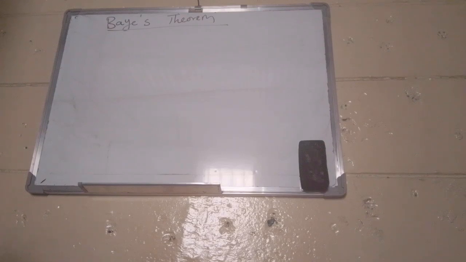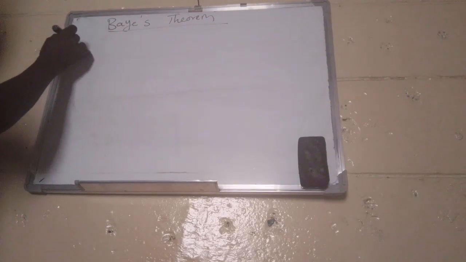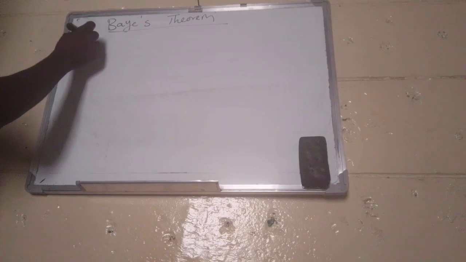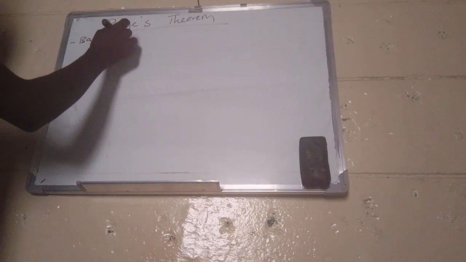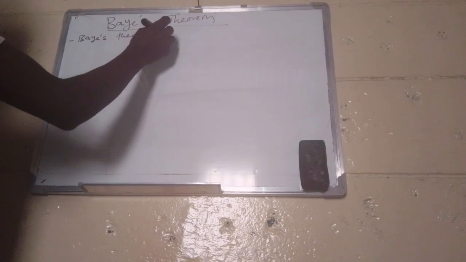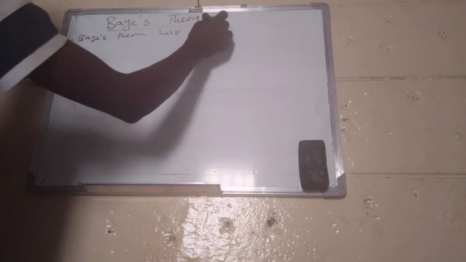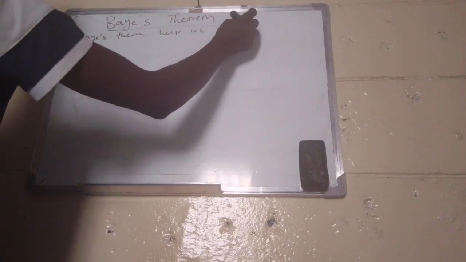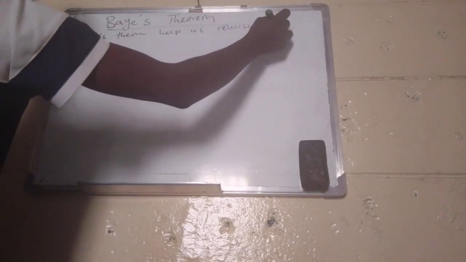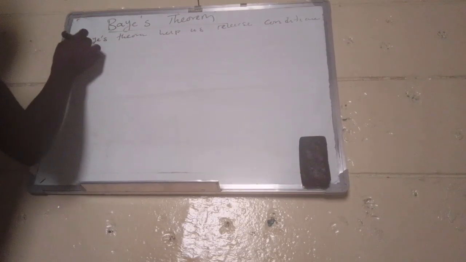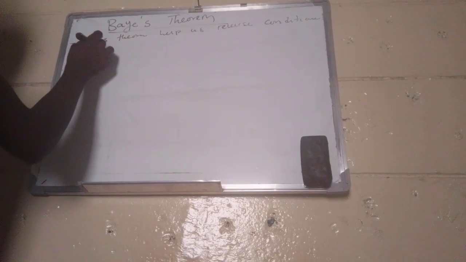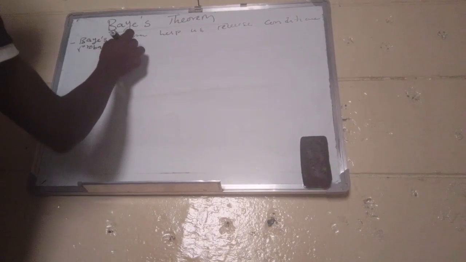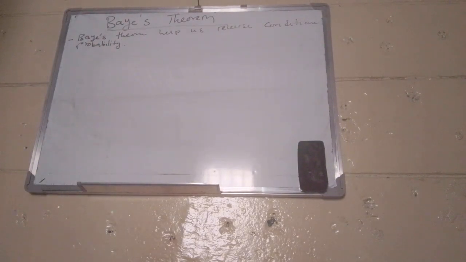In this case, we're simply saying that Bayes' theorem is just helping us to reverse the conditional probability.